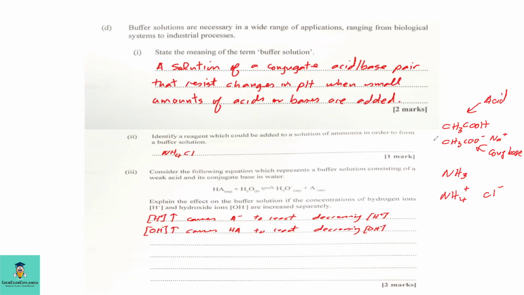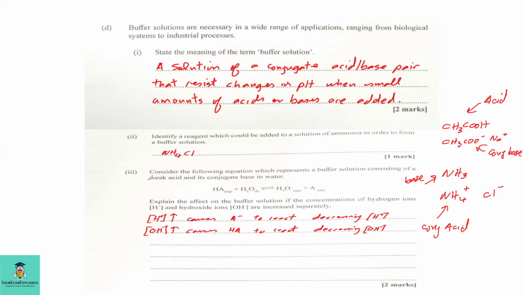This is an acid buffer. While here we have a base and now a conjugate acid. And this now is a base buffer. So to identify the reagent, we must write the conjugate acid of the base. In this case, it is NH4Cl.